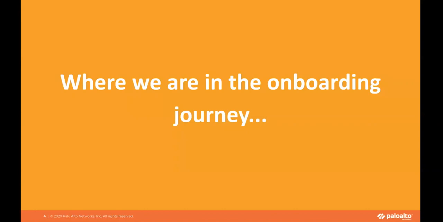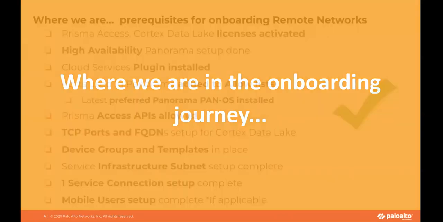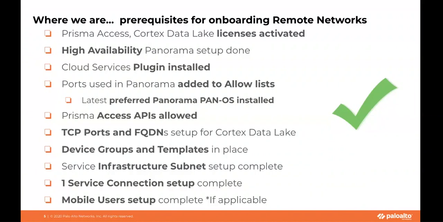The last thing I'll cover is the prerequisites. Where are we in the onboarding journey? Once you're considering setting up your remote networks, you definitely want to have these all in place: Prisma Access and Cortex Data Lake licenses activated, high availability for Panorama set up, cloud services plugins installed, your ports used in Panorama added to the allow list, with the latest preferred Panorama PAN-OS installed.